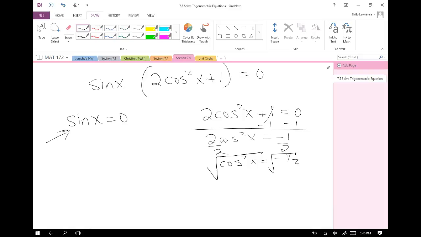No, not at all. We have not talked about complex numbers inside of trigonometry. The square root of -1/2 involves i's. And there are no i's on our unit circle. This isn't going to happen. We get cosine of x has got i's in it. Not possible. Not going to happen. That gets thrown away. So really all we're looking for is where sine x equals 0.